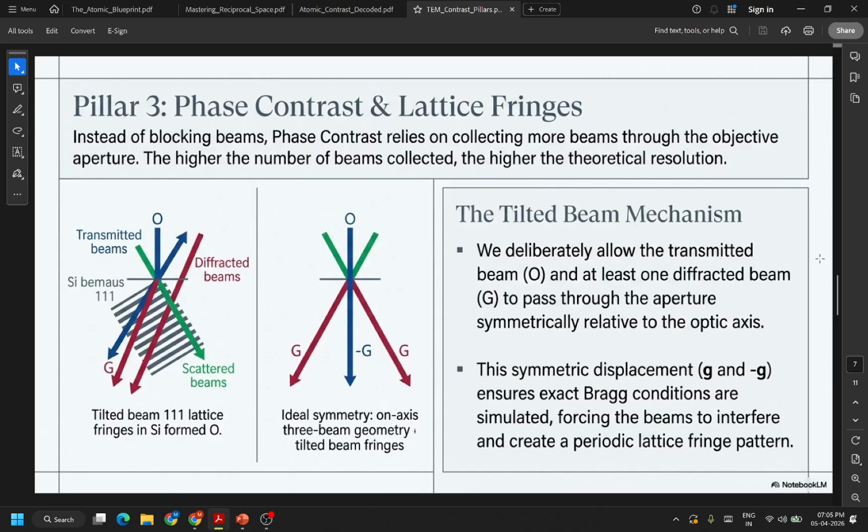So we deliberately allow the transmitted beam and at least one diffracted beam G to pass through the aperture symmetrically relative to the optical axis. This symmetrical displacement, G and minus G, ensures exact Bragg conditions are simulated, forcing the beams to interfere and create a periodic lattice fringe pattern.